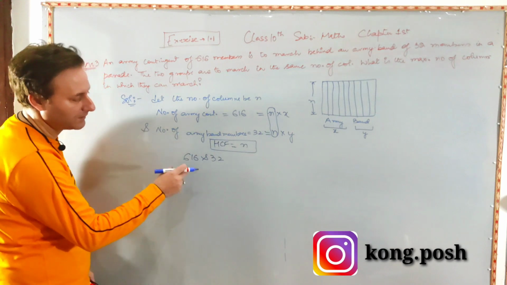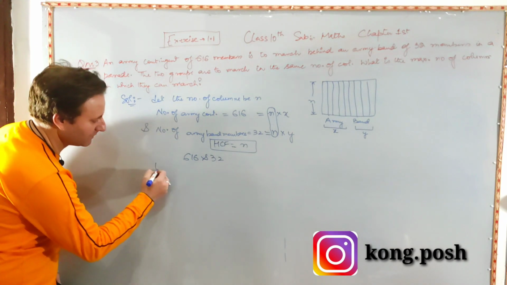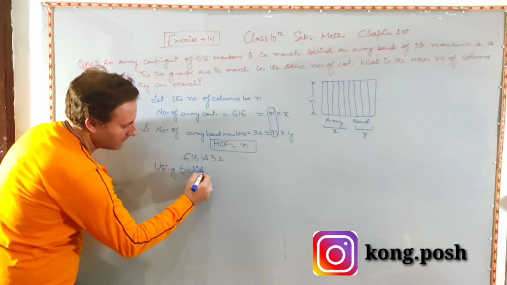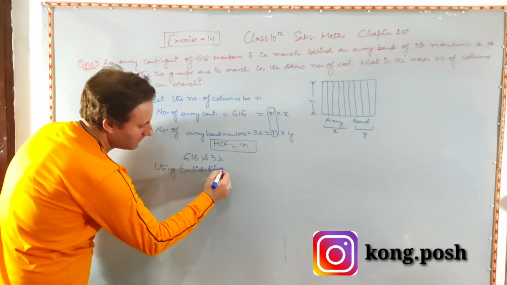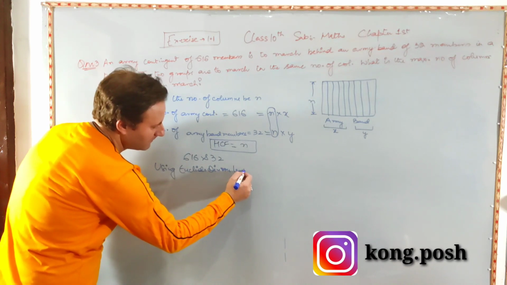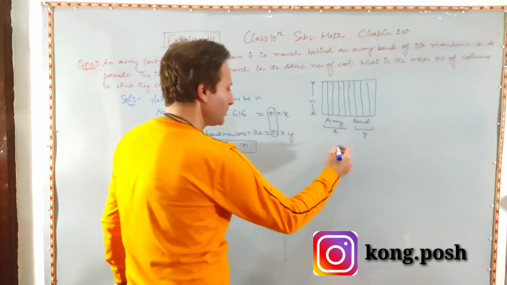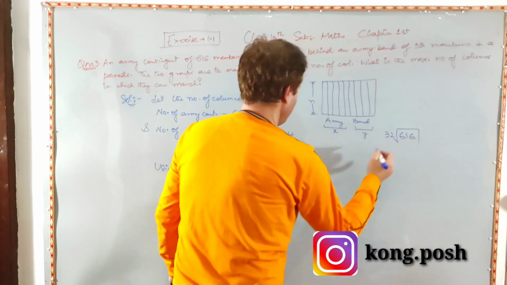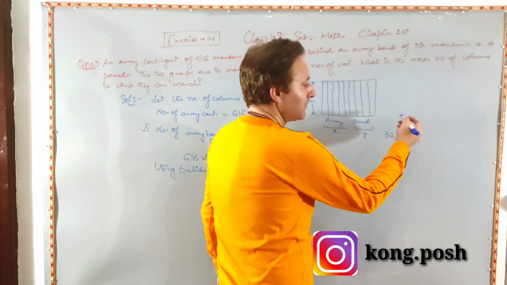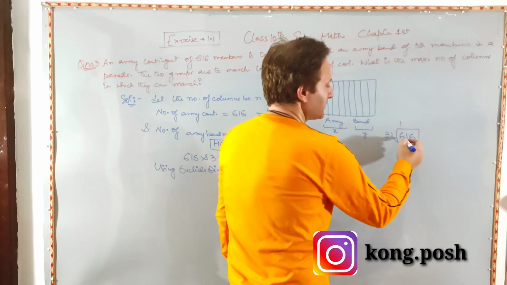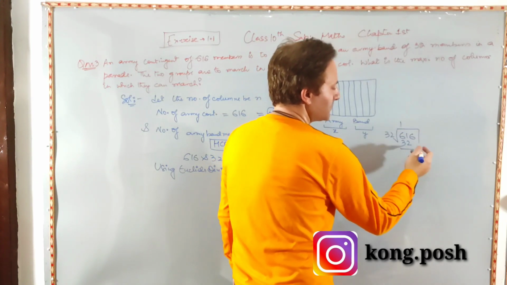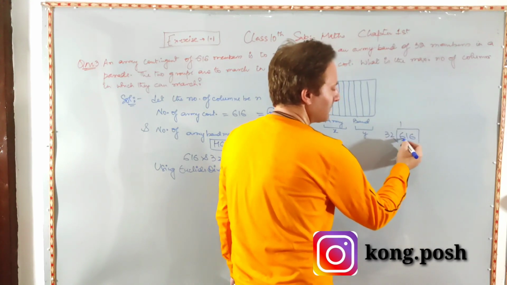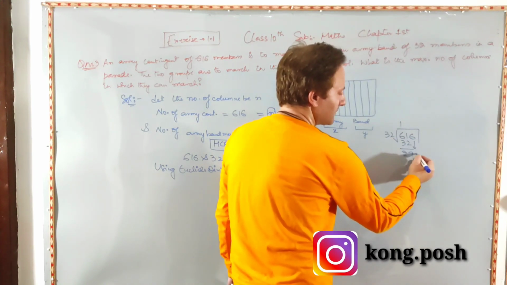The first thing, which is the bigger term, 616. So we'll say using Euclid's division lemma, I'll divide 616 with 32. 32 multiplied by 2, it becomes 64, means 32 ones are 32, 2, 3, 4, 5, 6, 7, 8, 9, 10, 11. So I have 9, this is 5, 3, 2, then I have 6.